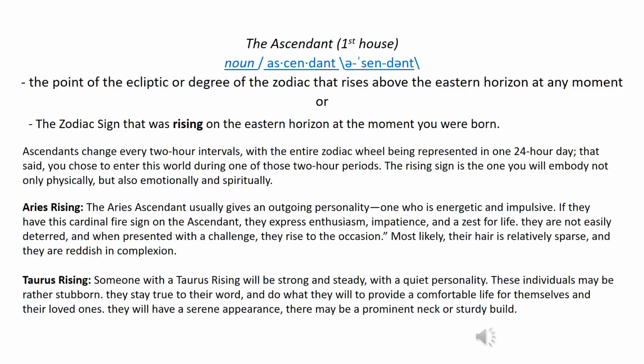That's a male thing because the neck is related to Taurus, and a strong build. They're always very pretty, and the men seem to be very good looking because it's ruled by Venus, and Venus is beauty.